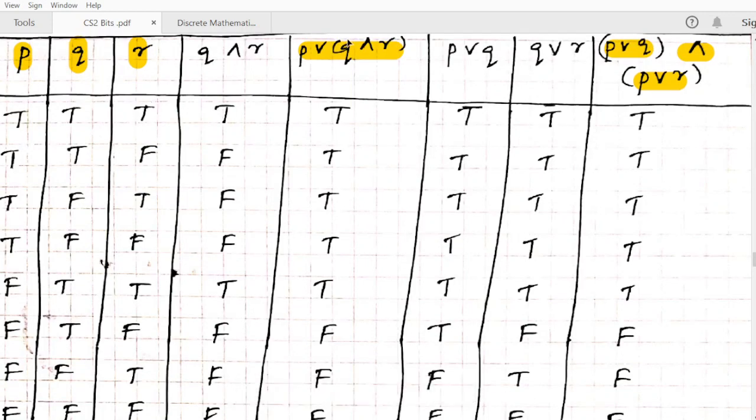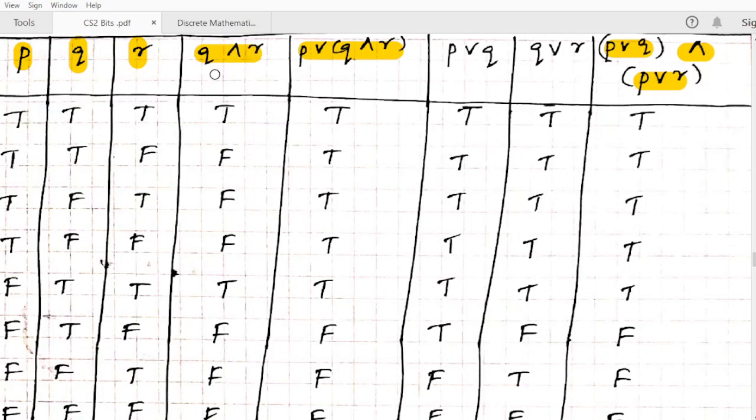Now first we have to do the proposition in the bracket, that is Q and R. So first we will be doing the proposition Q and R. This is our proposition Q, this is the proposition R. We find Q and R. Q and R means we are using the AND operation. AND means what?